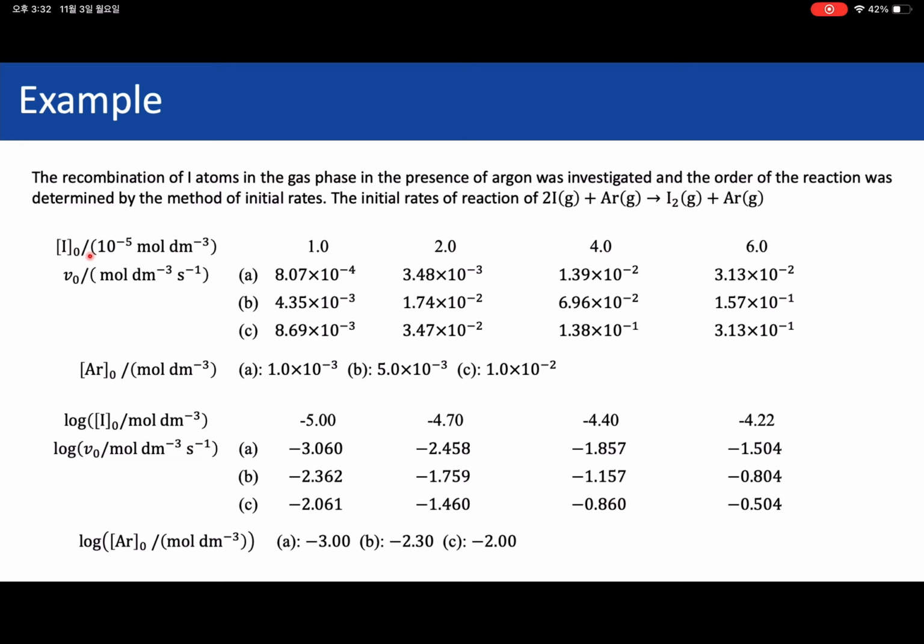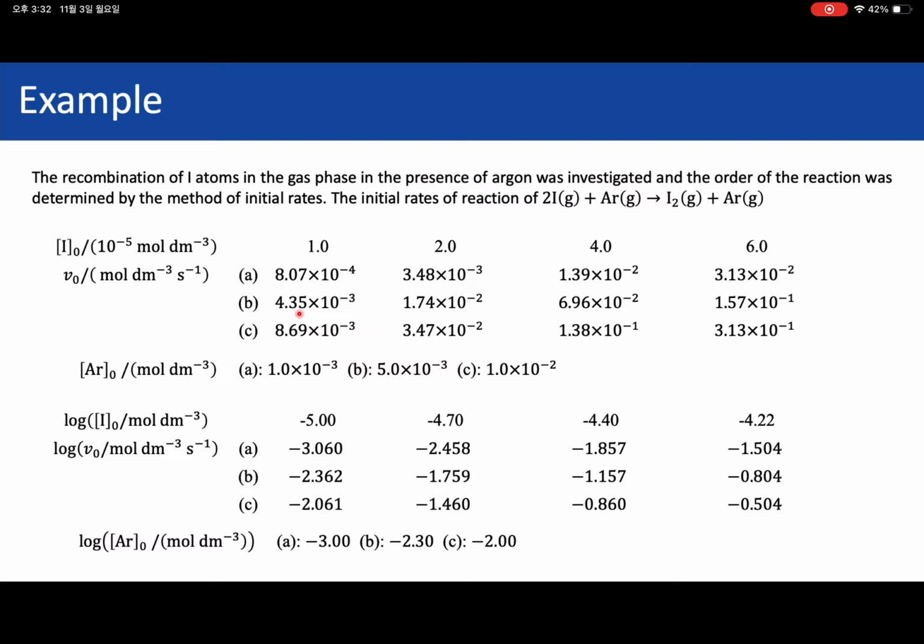Now this row is four different iodine concentrations, and this A, B, C column is three different concentrations of argon gas. So in total they have conducted 12 experiments.